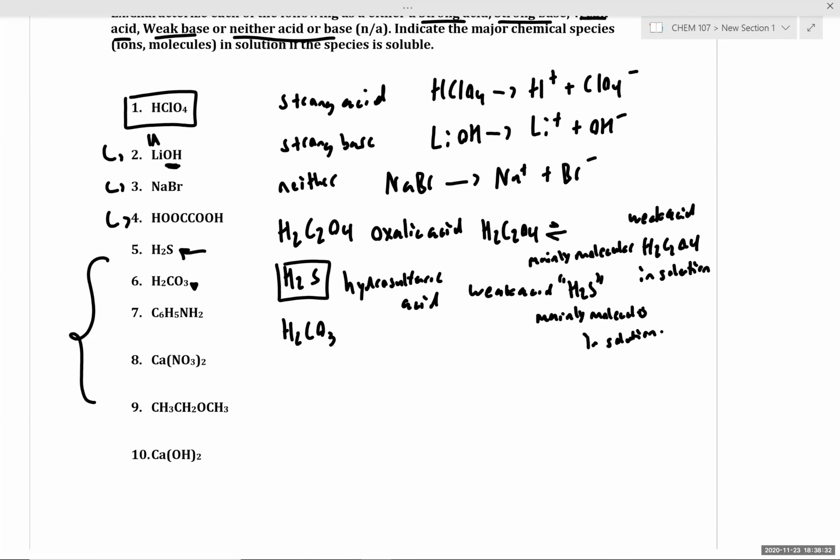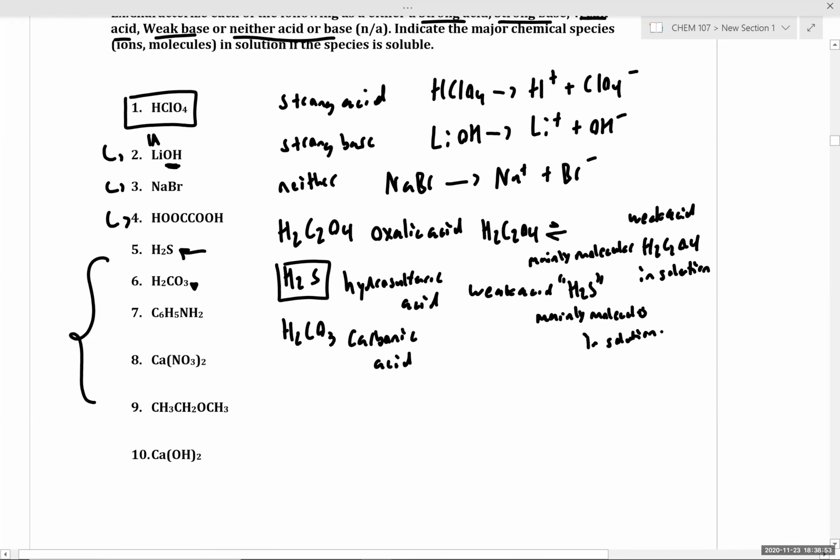Likewise, as we'll see in the second example, H2CO3. Would someone like to comment? What is H2CO3? Is it an acid or a base? Acid. It's an acid, exactly right. And that's based on its name of carbonic acid.